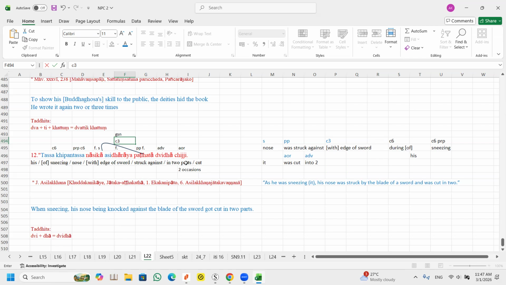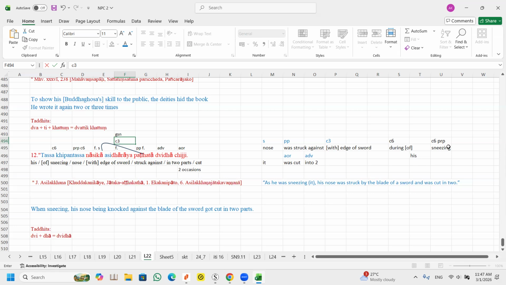And then here, the word of, can you see of his sneezing? Of his sneezing, I don't want to put of. I put during his sneezing. I put during the word of, because you understand the nose and sneezing. So I put during his sneezing.